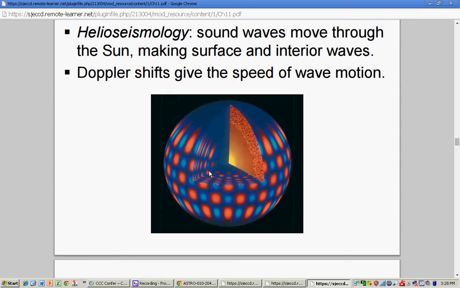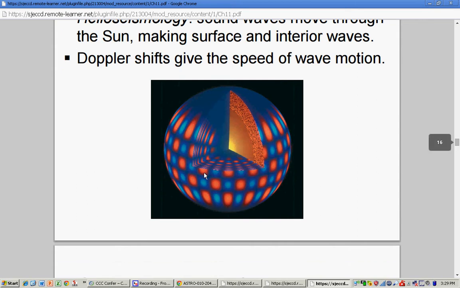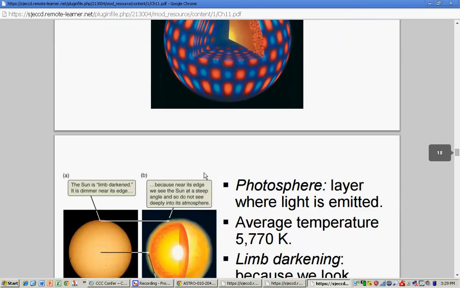So detailed observations using the Doppler effect of not only the sun but also stars in general, plus a modeling of how this pulsation takes place in the solar interior, constitute one of the robust tools that astronomers have to model the stellar interior.